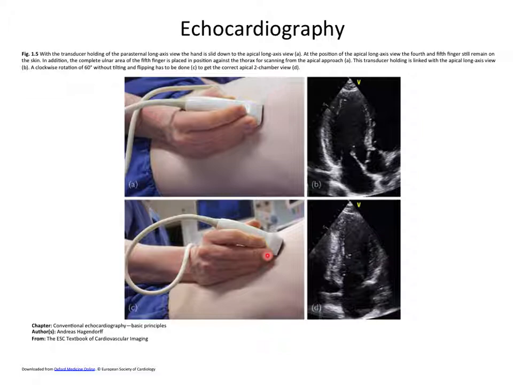As you rotate the transducer, you rotate the slice. And so we can look at different parts of the left ventricle just by rotating the transducer. So here this is the anterior wall, posterior wall, and we rotate to see a different angle of the anterior and posterior wall of the septum. Okay?